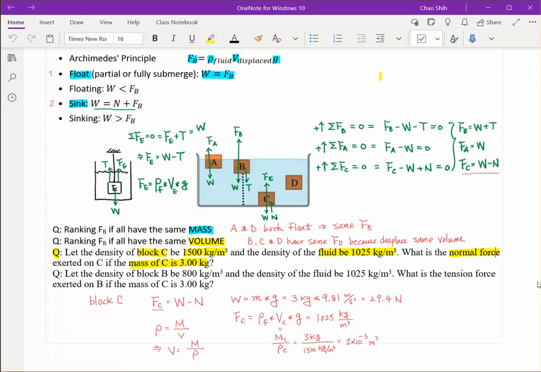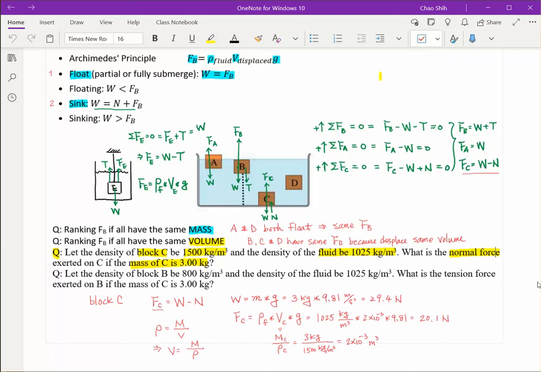So you put these things together, then you can find out what that is. So this will be 1025 times 2 times 10 to the negative 3 times 9.81. Then you will get the result of this one here. It turns out to be 20.1 Newton.